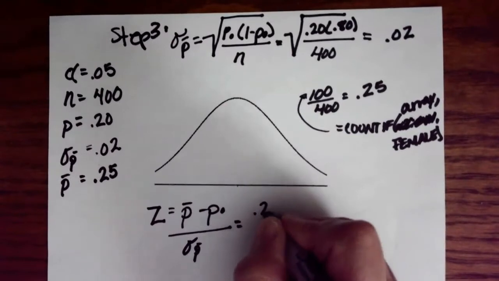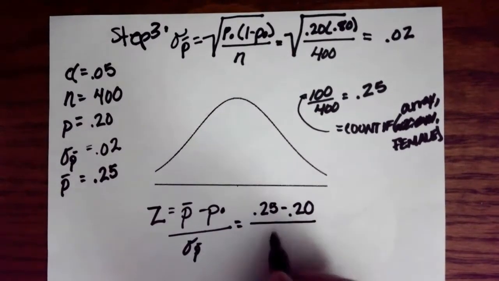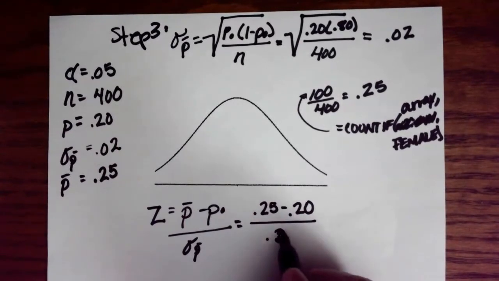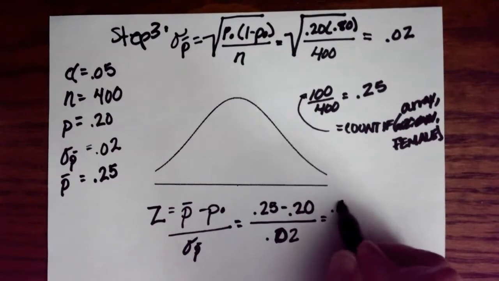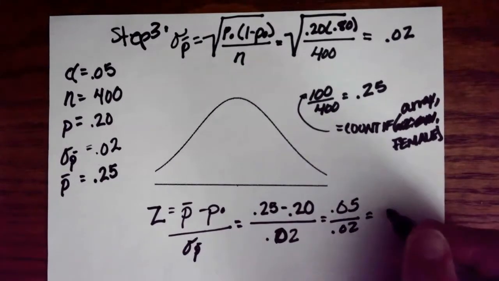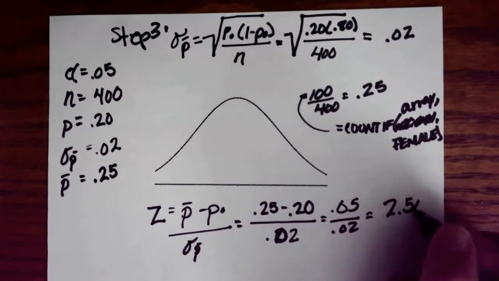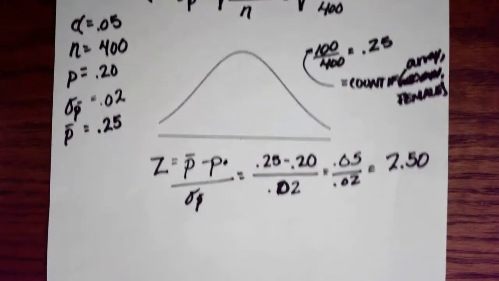So we get 0.25 minus 0.20, and we take that over 0.02, which gives us 0.05 over 0.02, and our test statistic is 2.5. The next thing that we are going to do is compute the probability using our test statistic.